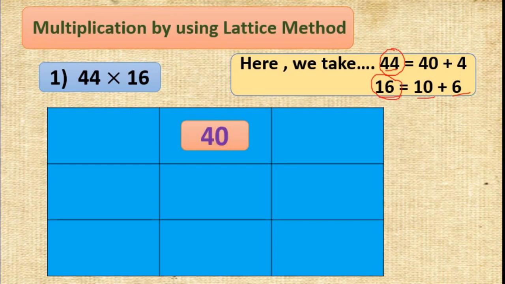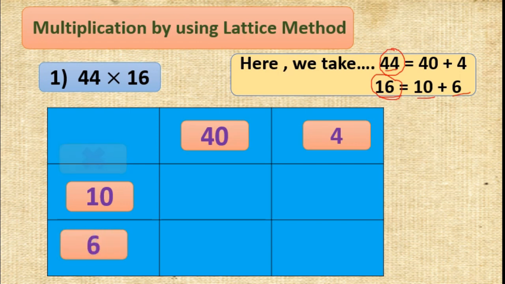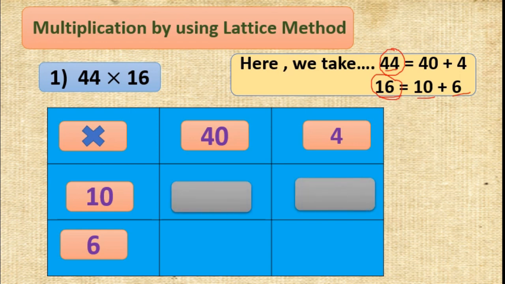So we will write 40 here and 4 here like the earlier method. Correct? Now 10 here and 6 here, and here we will give the multiplication sign.